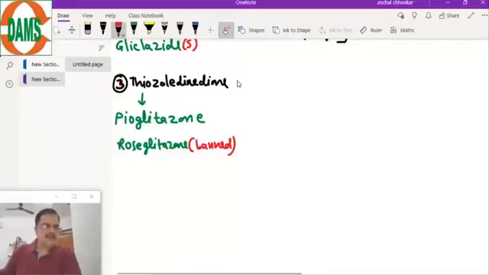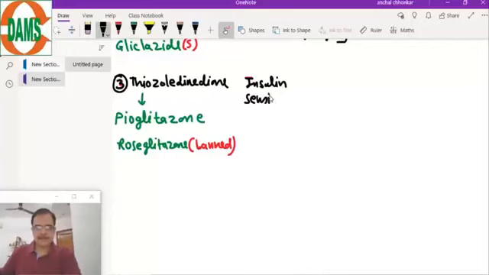Now the mechanism of action: they are insulin sensitizer agents, very good insulin sensitizers. How do they act? They act by modifying a transcription factor, and that transcription factor increases the insulin action.